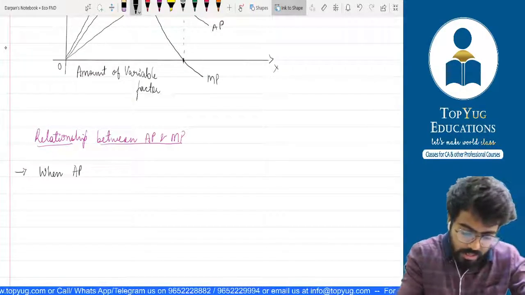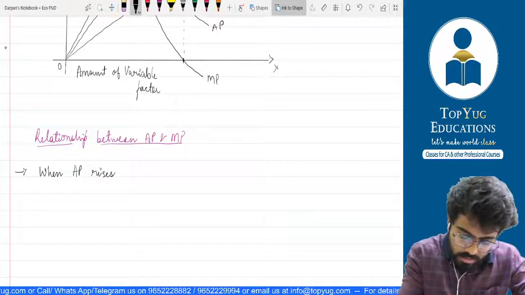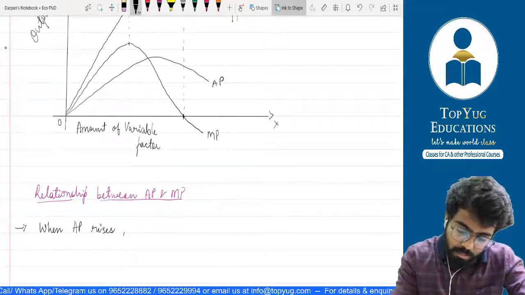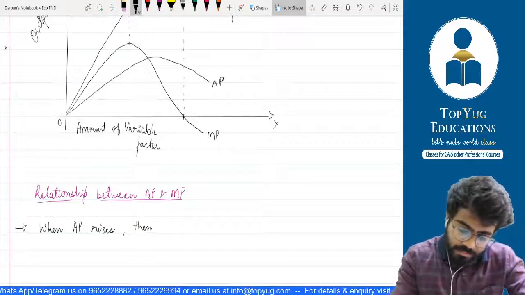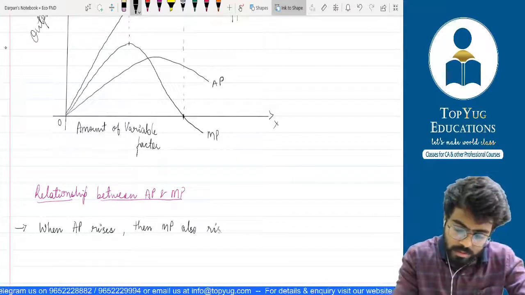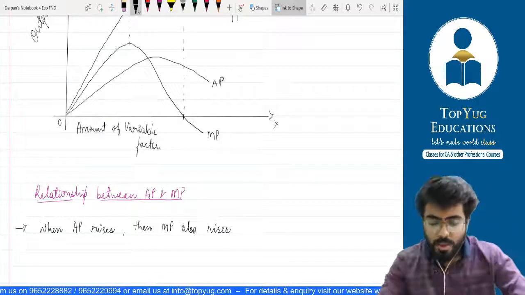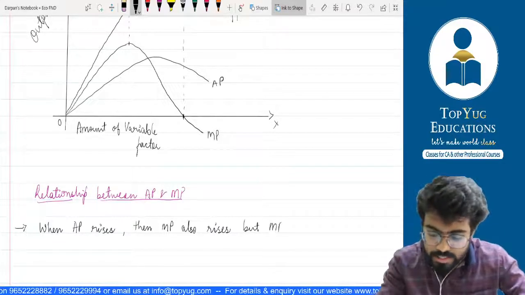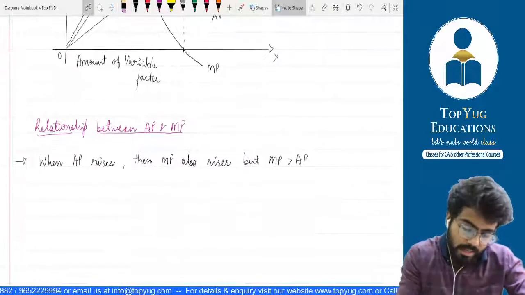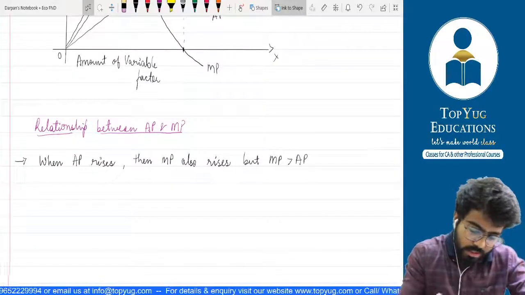When AP rises, what is happening to MP? Then MP also rises, but MP is greater than AP. Correct? MP is greater than AP. This is your first relationship.